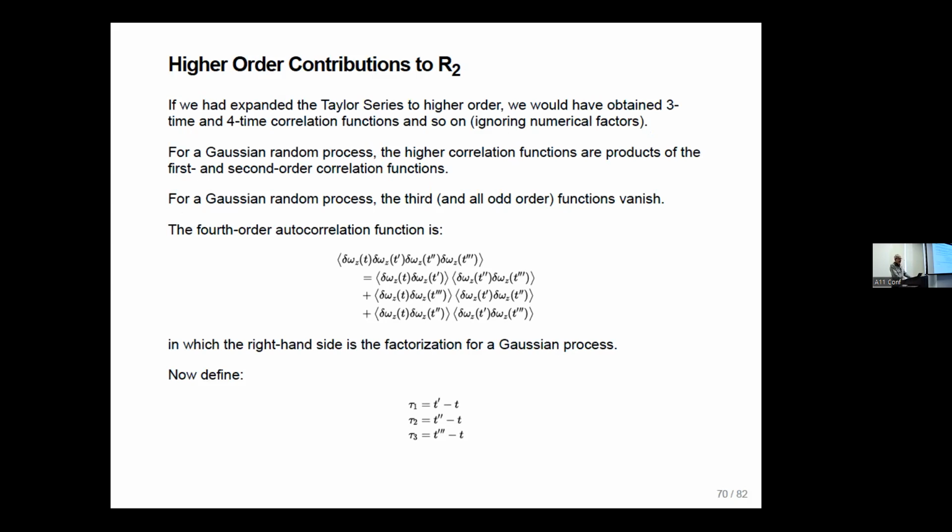So first of all, the odd order ones we can show all tend to vanish, and we're left with the even order ones. And if we assume for a moment the Gaussian process, then the fourth order autocorrelation function can be factored into a product of our normal correlation functions.